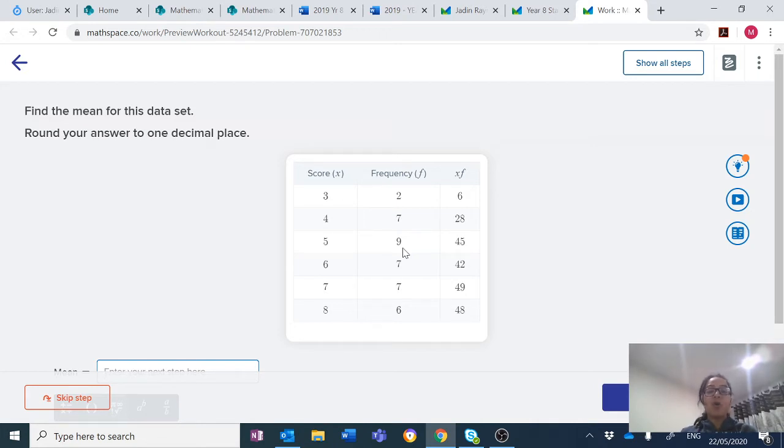Now, before I start talking about the solution for this question, it's very important for me to tell you Mathspace is mathematics software, okay? It's made with very much precision and perfection.